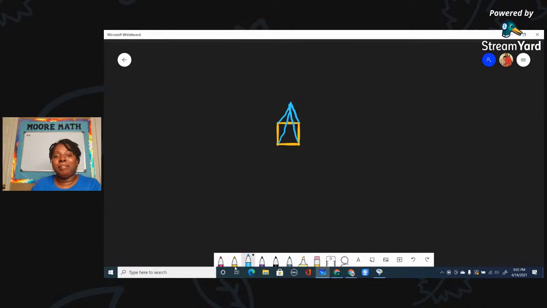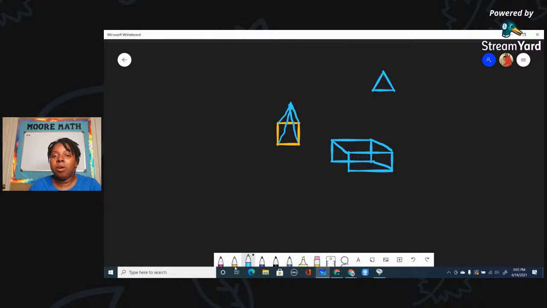That's my attempt at a pyramid. It's a pyramid because, even though I drew this badly, all of the sides are triangles. We call it a pyramid because all of the faces are triangles. With the prism, now that I can draw, all of the faces are rectangles.